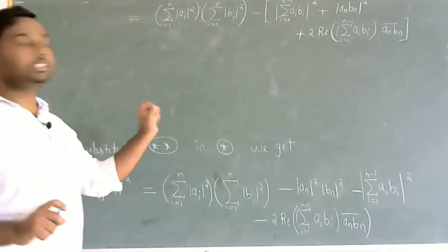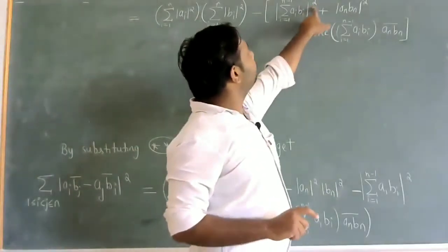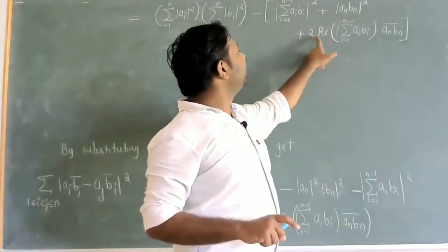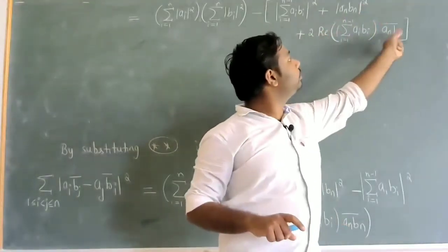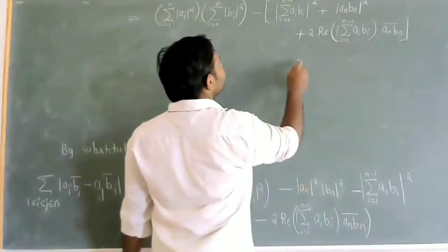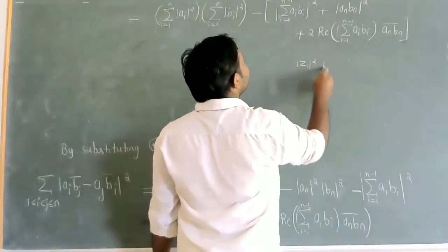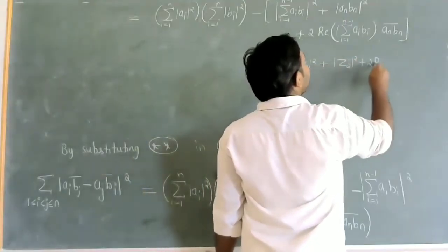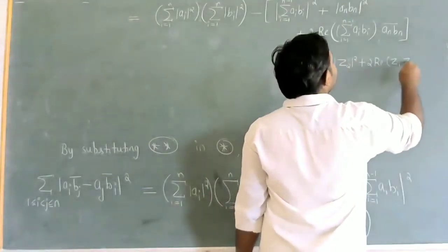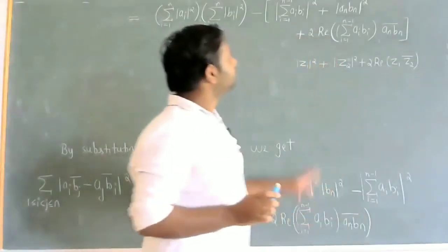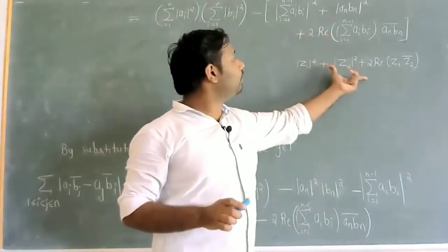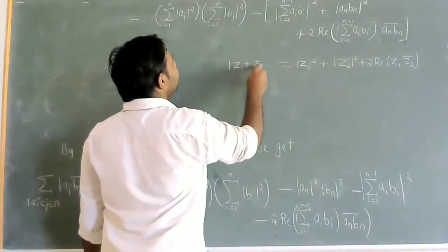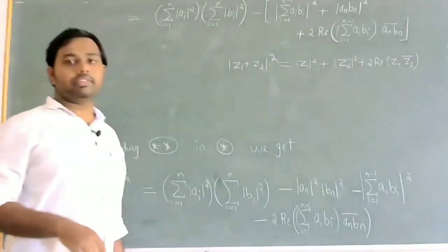Now you can observe it is of the form modulus of z1 whole square plus modulus of z2 whole square plus 2 into real part of z1 into z2 bar. So this sum is of this form, and this is nothing but the identity modulus of z1 plus z2 whole square.